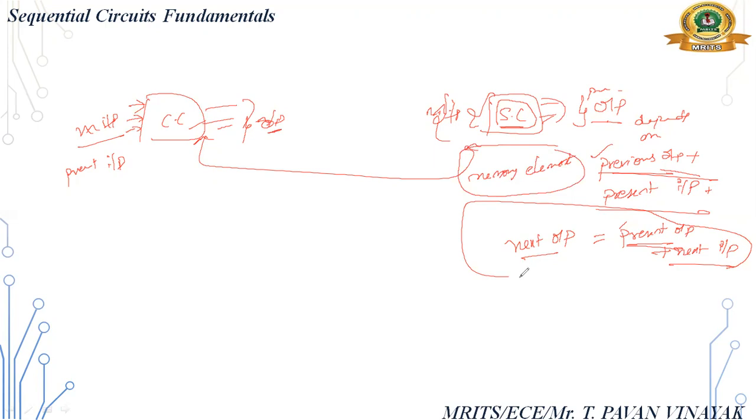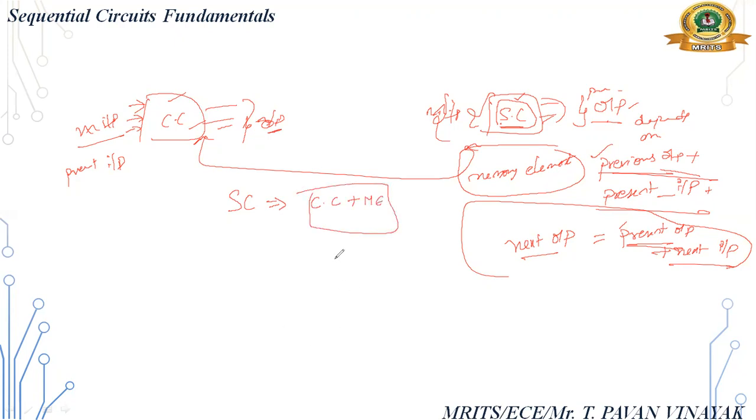So in a sequential circuit, present inputs and outputs are referred to as a combinational circuit, right? So a sequential circuit is a combinational circuit plus a memory element.